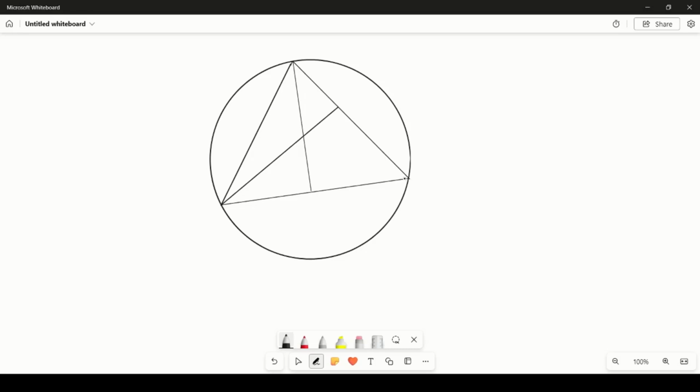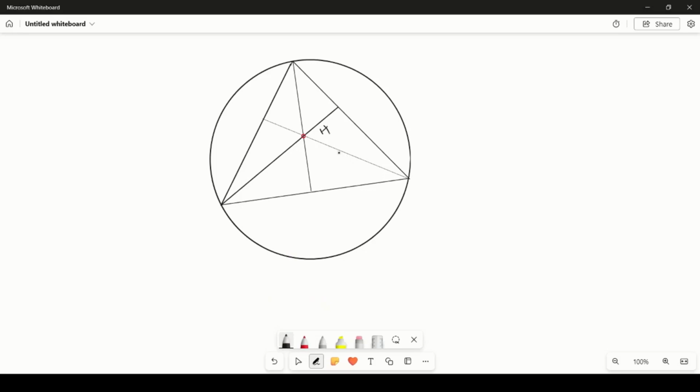Okay, and the last line is just going to be passing through this intersection. Alright, so all of them look 90 enough, but of course they may not be 90, it's not drawn to exact scale. And so here I have it. Here's my orthocenter, and I'm going to call this H.